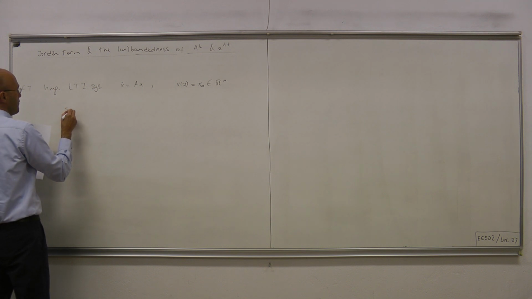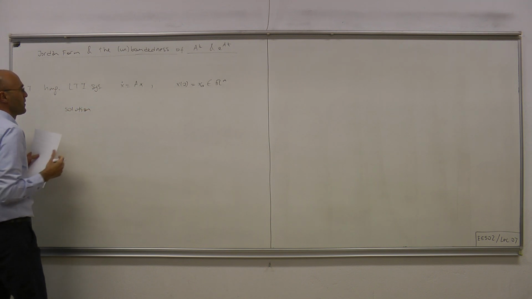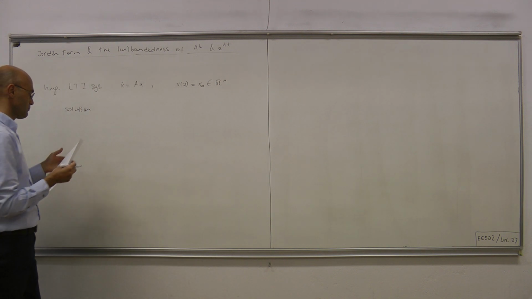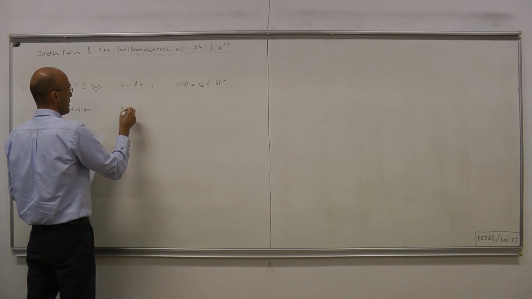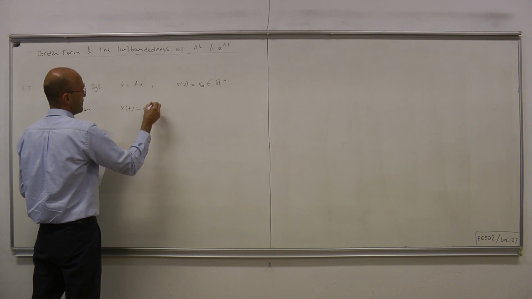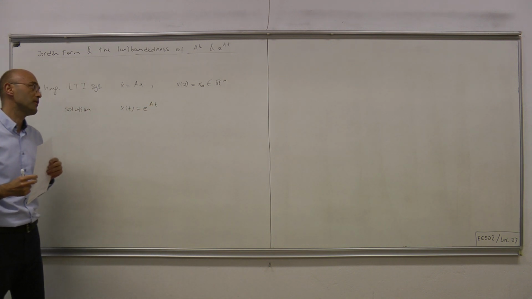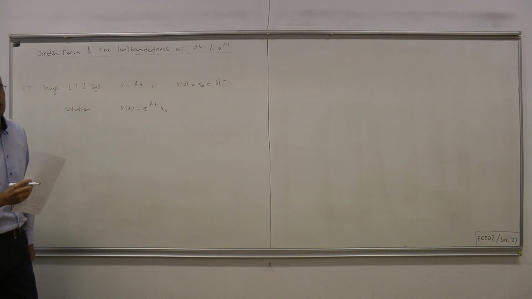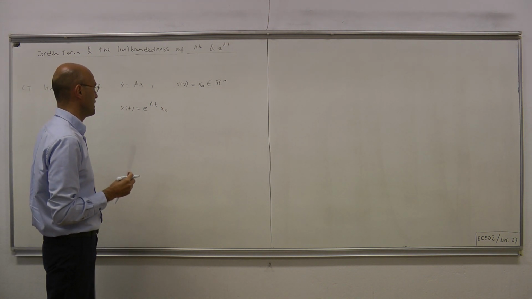Now, we have figured out that the solution of this system, starting from this initial condition, can be written as x of t equals e to the At, the state transition matrix, times the initial condition vector x0, my initial state.